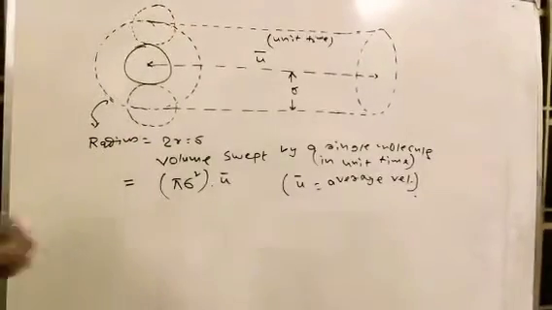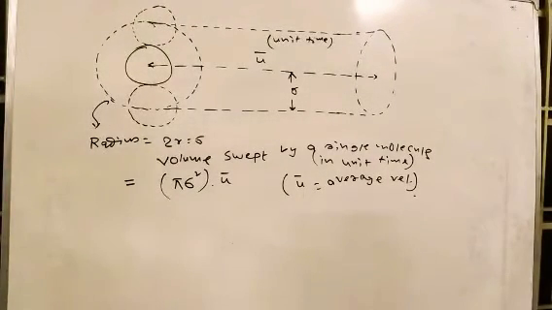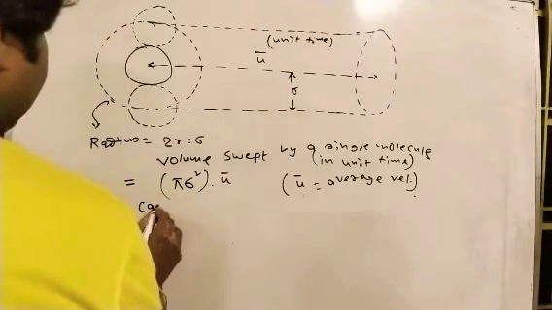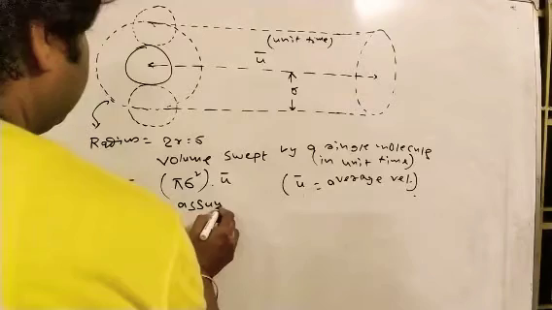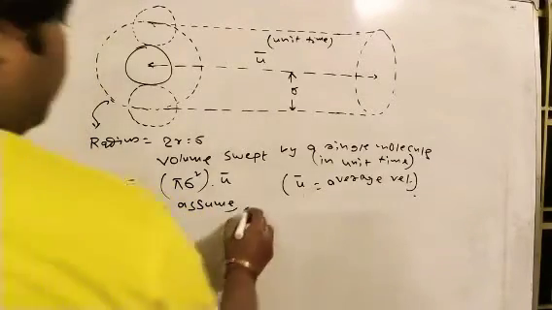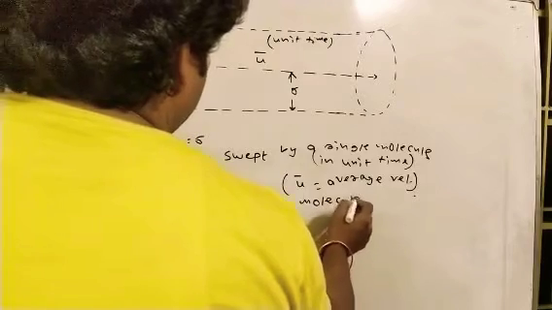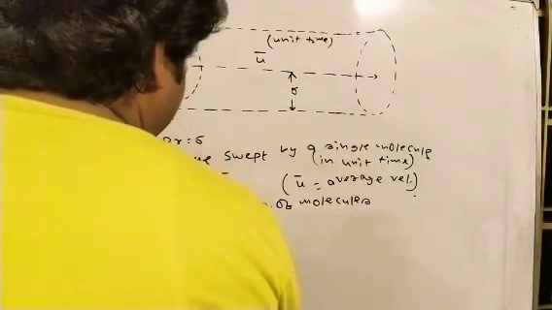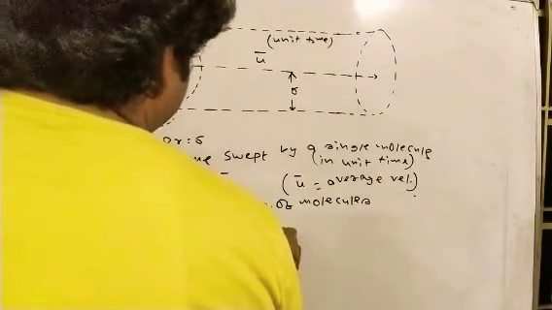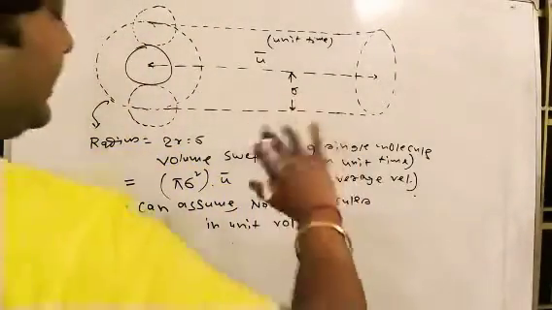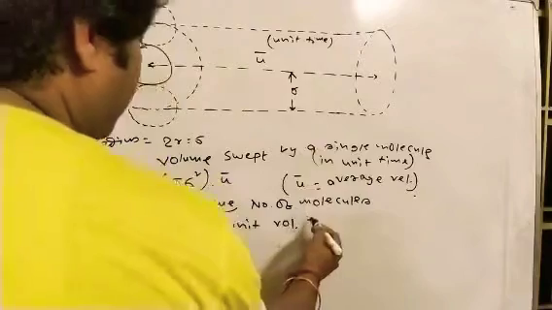Okay. So now my point is, what is the volume swept by a single molecule is equal to this one. So we can assume the number of molecules in unit volume, obviously at a particular condition.